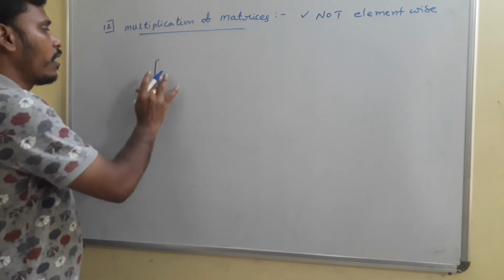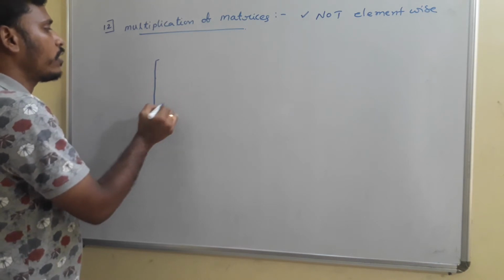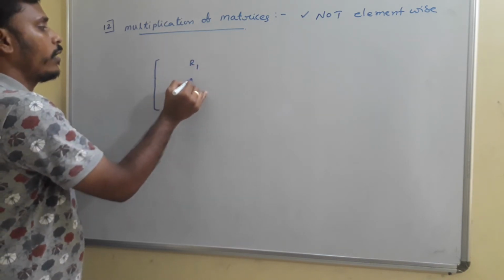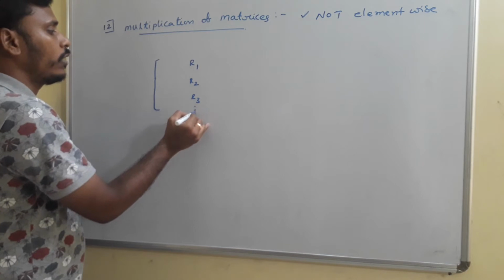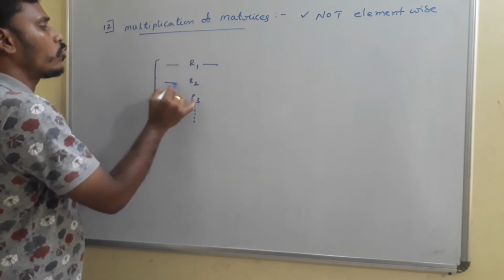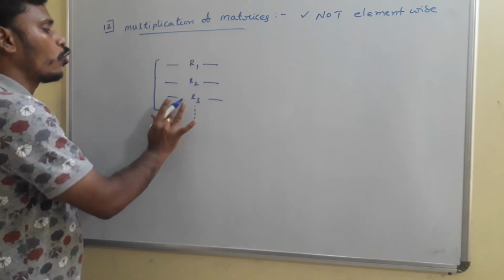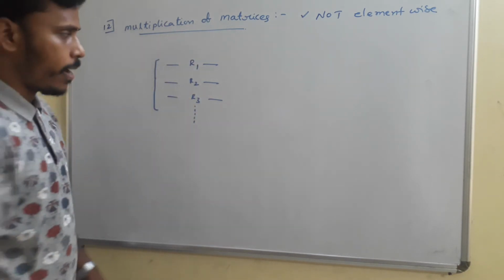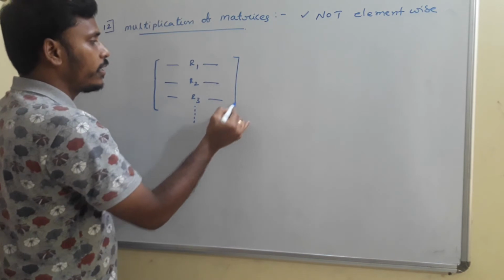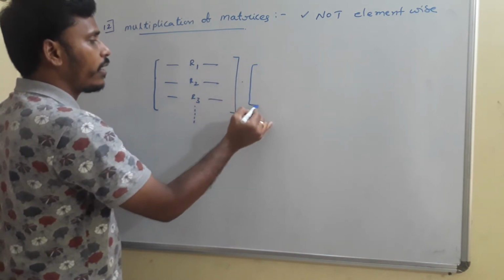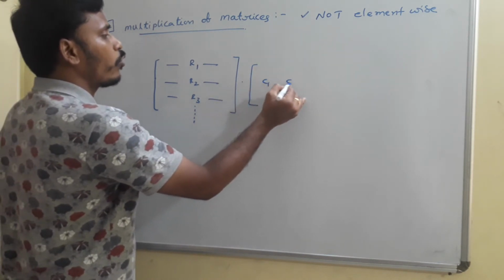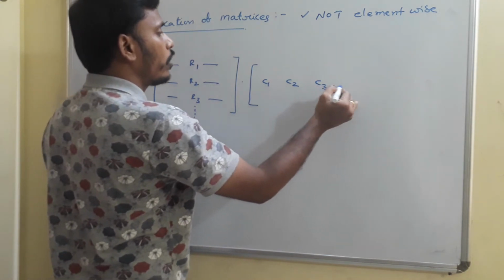Suppose there are different rows in the first matrix, row 1, row 2, row 3. There exist some elements also, but I am not mentioning all those elements. Simply, row 1, row 2, row 3 are the rows of the first matrix. And for the second matrix you just think about their columns, column 1, column 2 and then column 4.